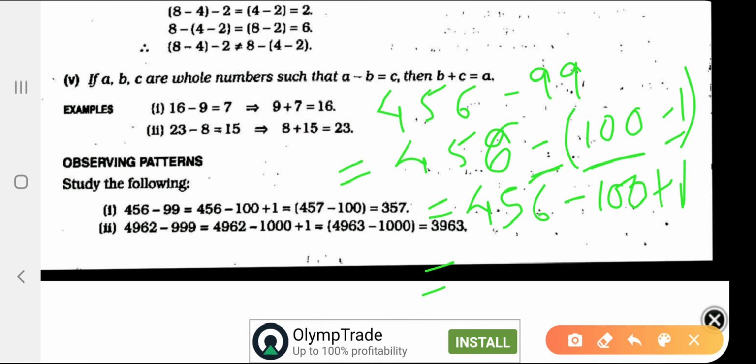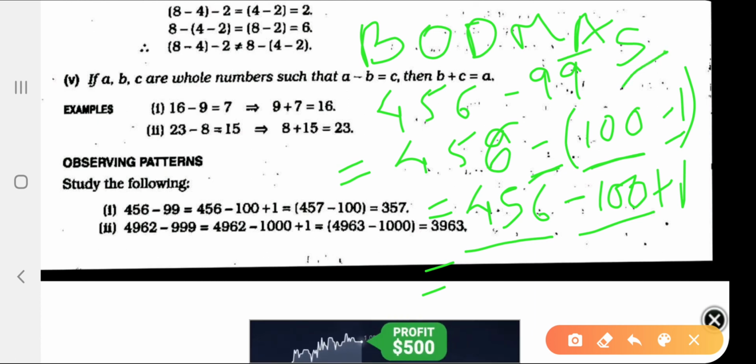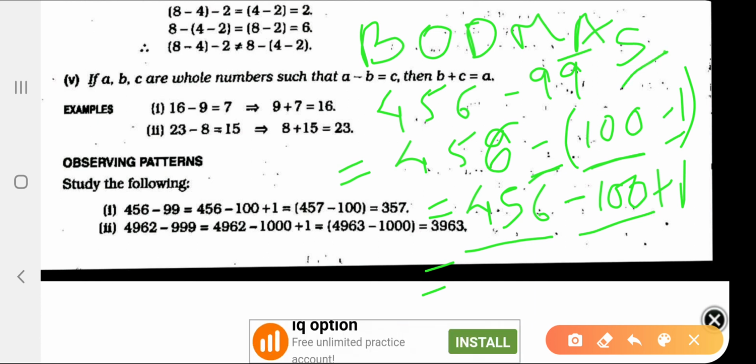Now 456 minus 100 plus 1. If you use BODMAS, then you must be aware that A is before S. It means that addition has to be done before subtraction.